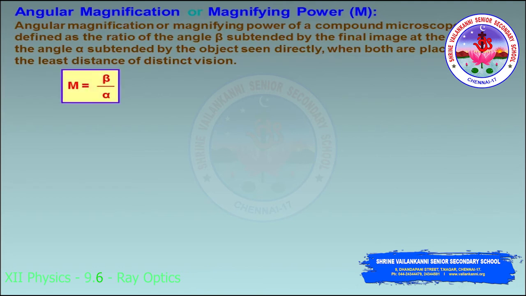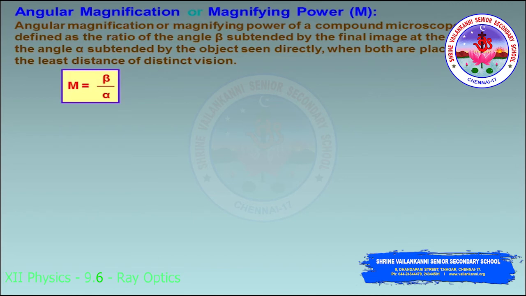We know, and we have said, what magnifying power is. We can recall it again: it is the ratio of the angle subtended at the eye by the final virtual image to the angle subtended at the eye by the object, when both are at the least distance of distinct vision.